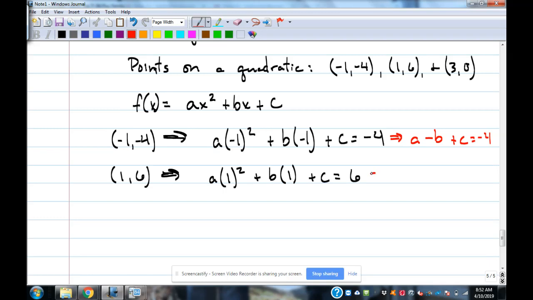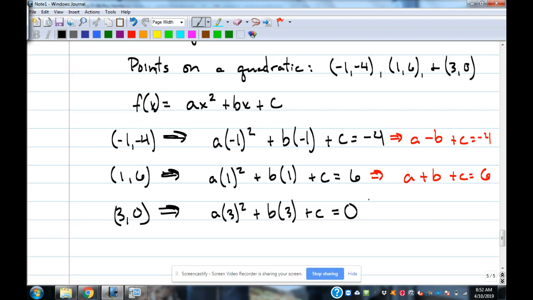And you convert that into a nice equation. 1 squared is 1, so that's 1a plus 1b plus c is equal to 6. And then the last one, (3, 0). You convert that over, you get a times 3 squared plus b times 3 plus c is equal to 0. That'd be 9a plus 3b plus c is equal to 0.